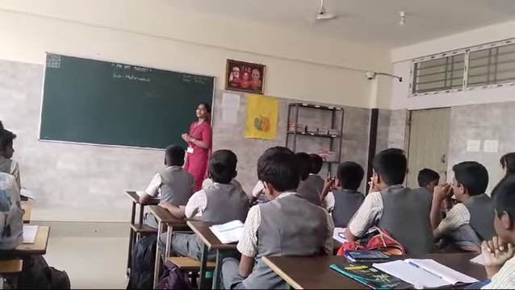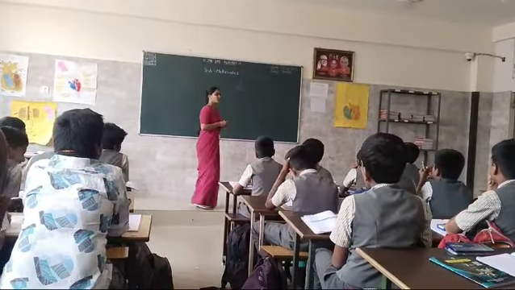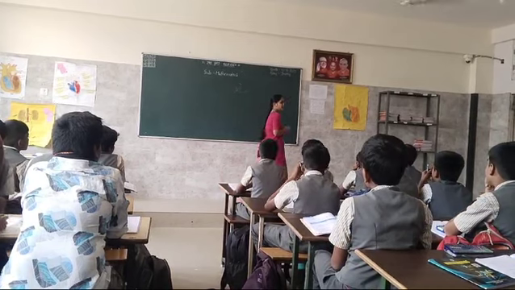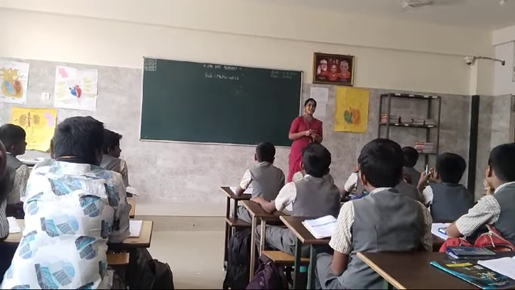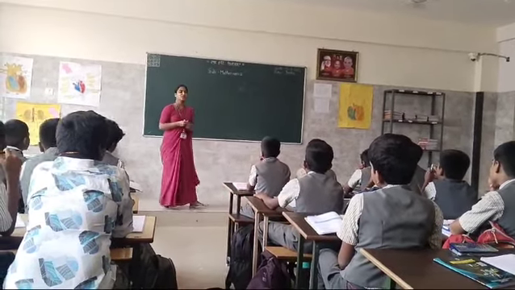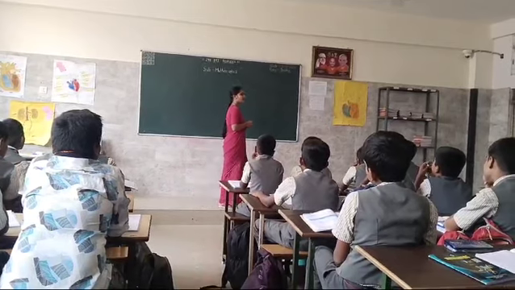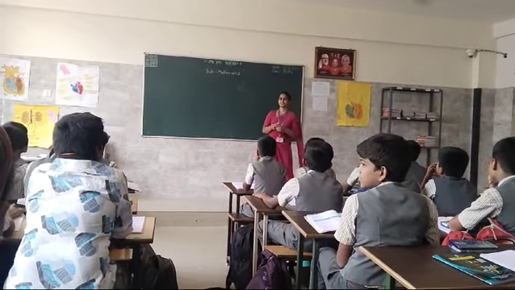So, the numbers starting from 0 to infinity are known as whole numbers and represented by the letter W, right? Next, if we subtract any two whole numbers, then the resultant number will be what?